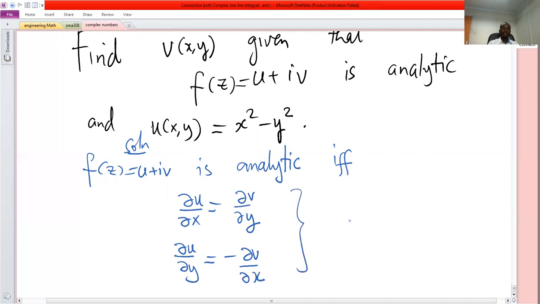These are what we call the CRE, the Cauchy-Riemann equations.